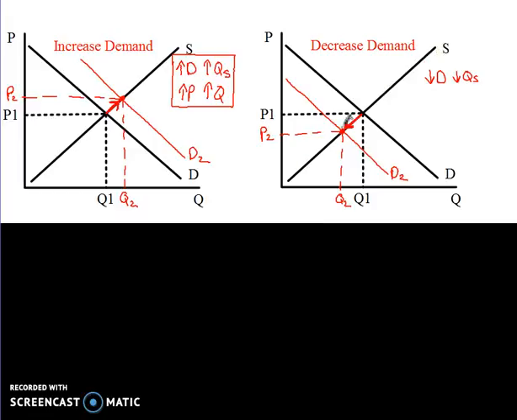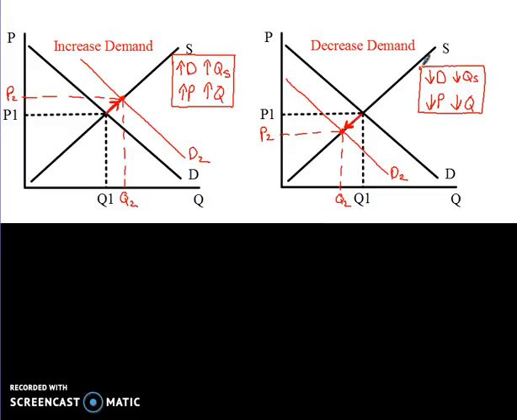We moved along the supply curve. Remember from the previous video, that's a change in quantity supplied. Then what happened to the price? Well, the price went down, so that's a decreased price, and the quantity went down, so that's a decreased quantity. Those are the four things that we can say.